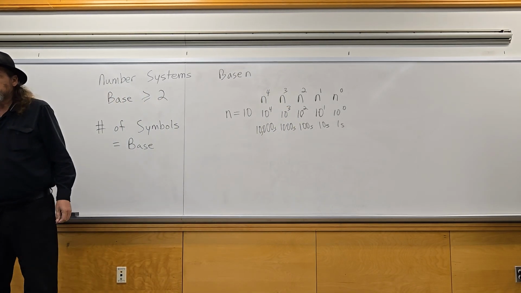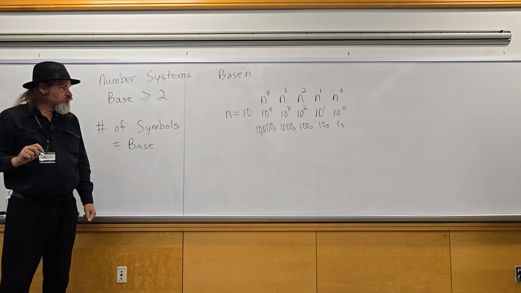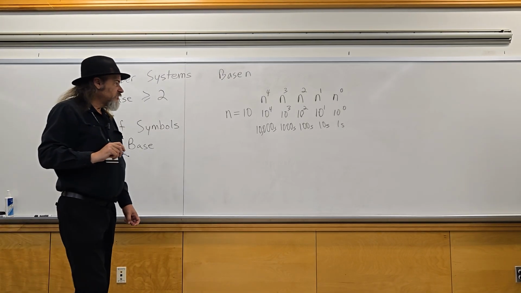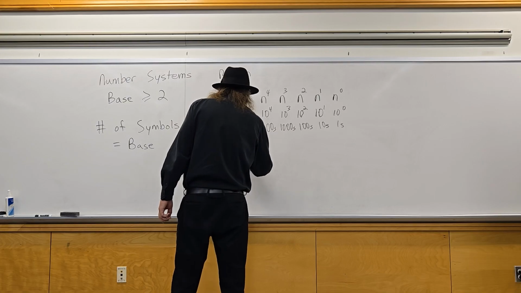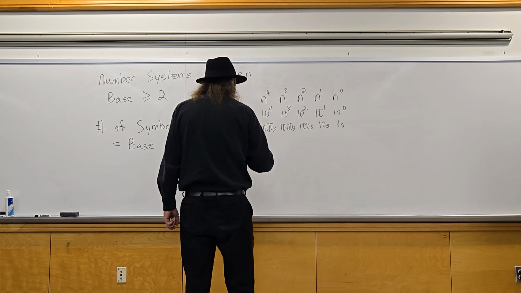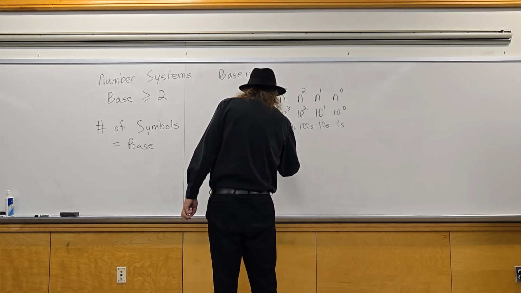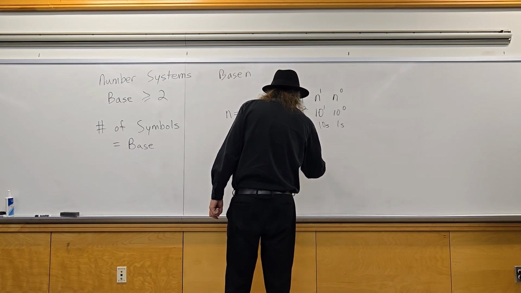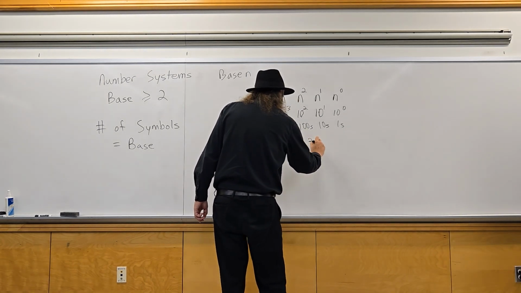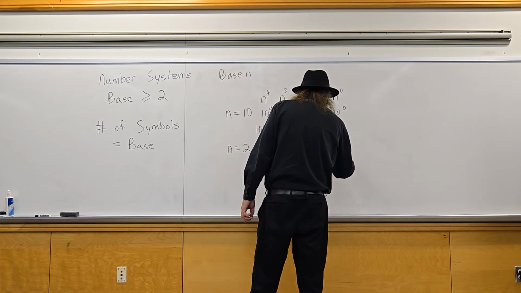Okay? If you're dealing with n equals 2, it's going to be 2 to the 4th, 2 to the 3rd, 2 to the 2nd, 2 to the 1st, and 2 to the 0th.